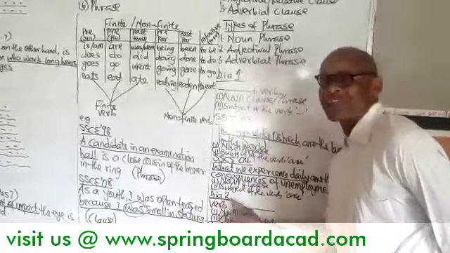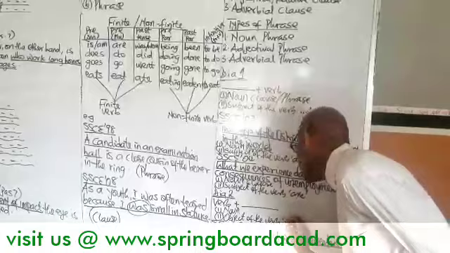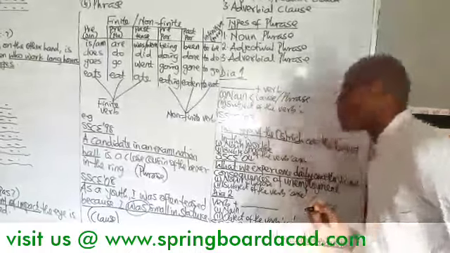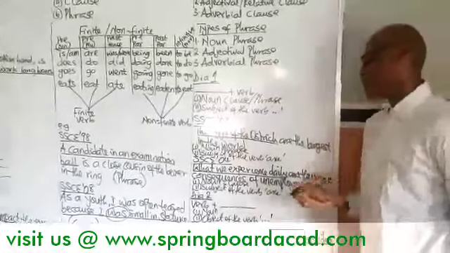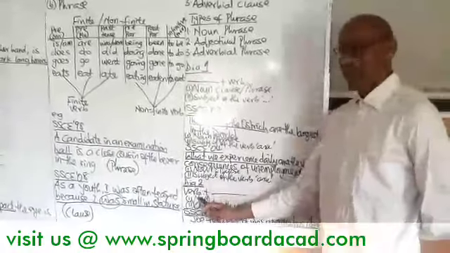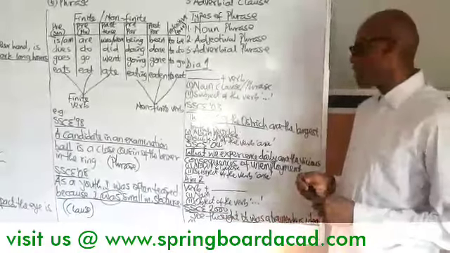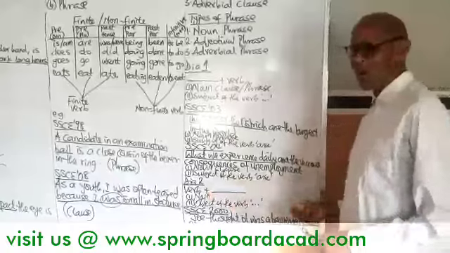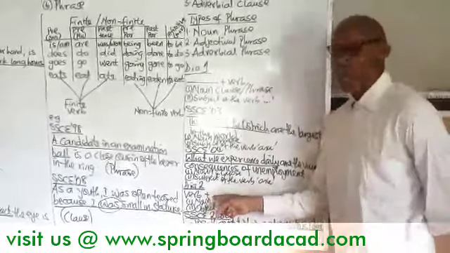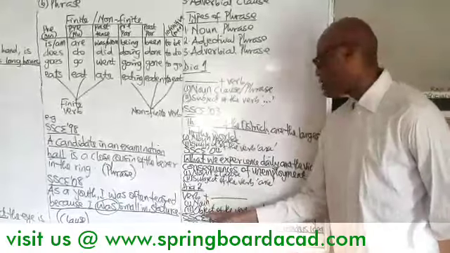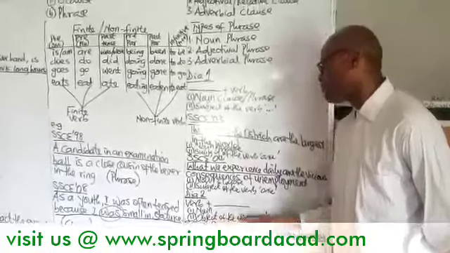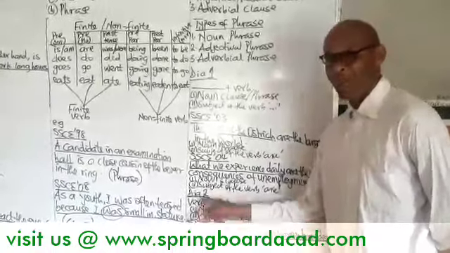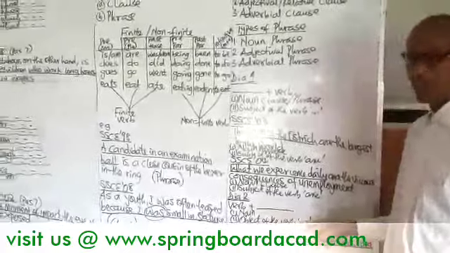That verb that is coming before the underlined word, write it there and put it in quotes. I say that again. If I find a verb first, immediately after that verb, there is an underlined word, write noun. The verb coming before the underlined word is what you write.